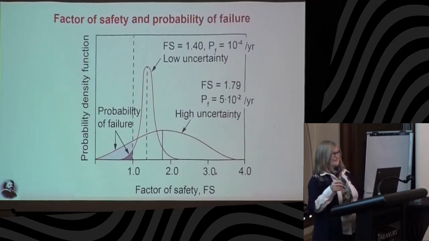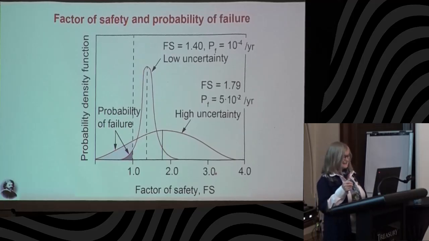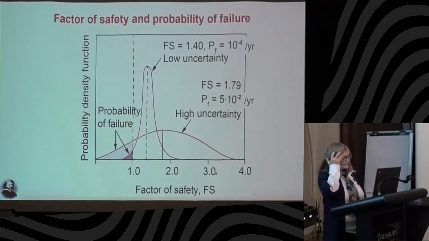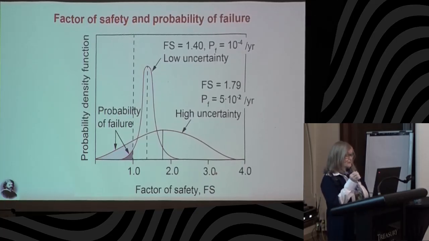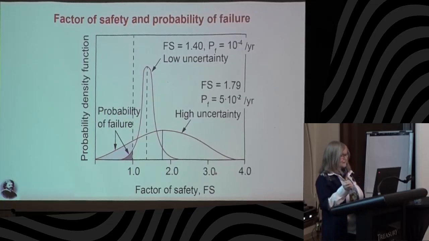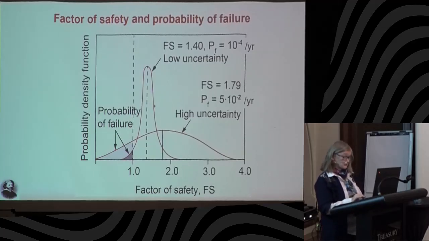And this is a very classical drawing I must have shown many times. I think the first time it was published was in 1986. There is no direct relation between factor of safety and probability of failure, but there's a way to illustrate how they depend on each other. The first time, we realized it was for a pile design, and afterwards for a slope.